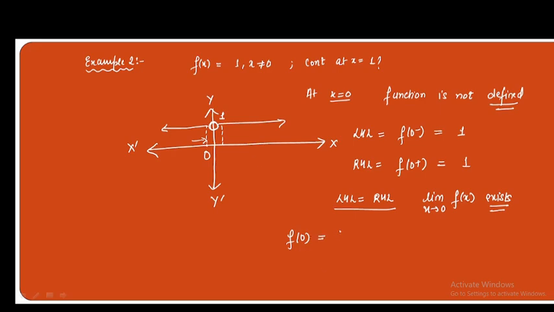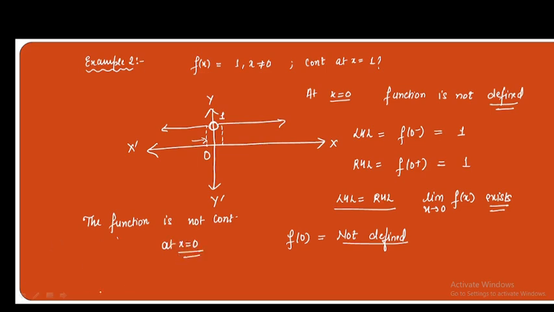So the second condition is not fulfilled, because this function is already not defined at x equal to 0. So what we can say, that the function is not continuous at x equal to 0.